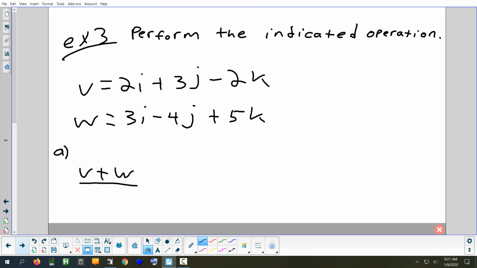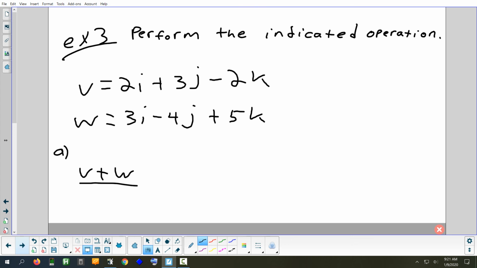Okay, so remember, when you add vectors together, think of it as almost like combining like terms. Combine the x-axis components, the y-axis, and then the z-axis. Okay, so start with the x-axis. Riley, what would be my x-axis component when I add v and w together? 2i plus 3i.